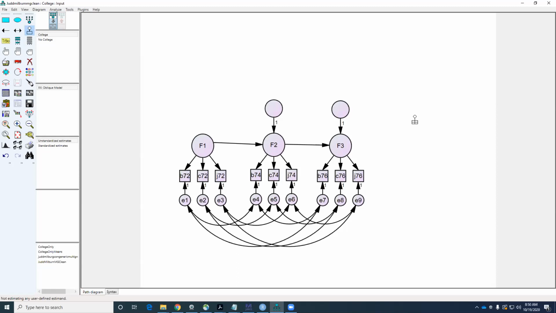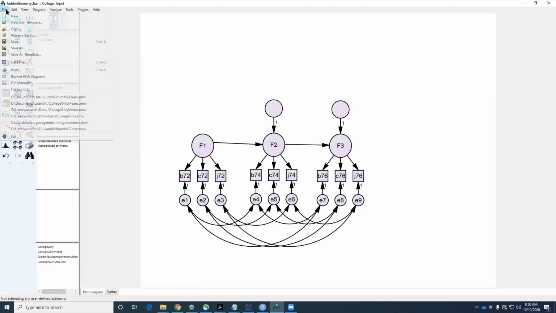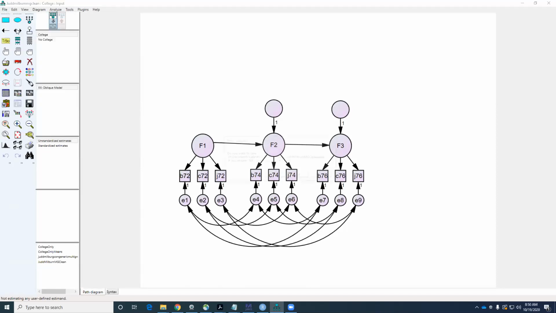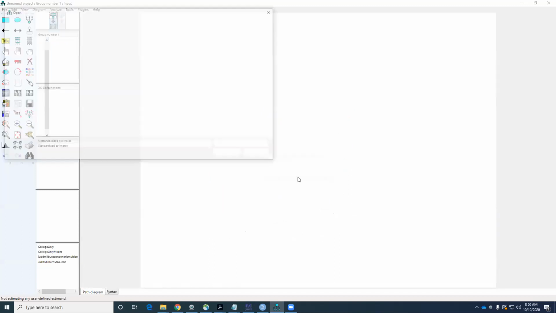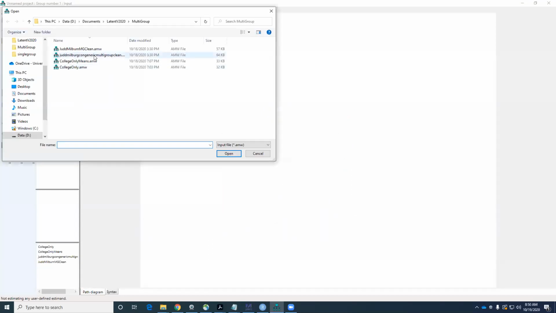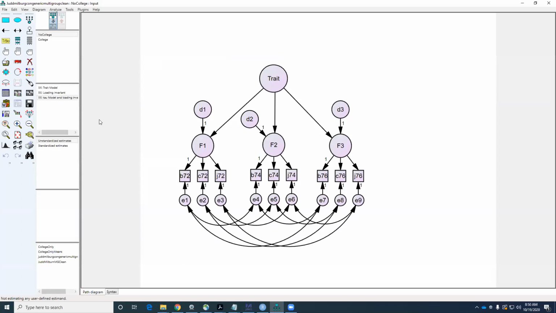So as an illustration of the state trait model, another way to think about the data is to consider it as follows. Like this.